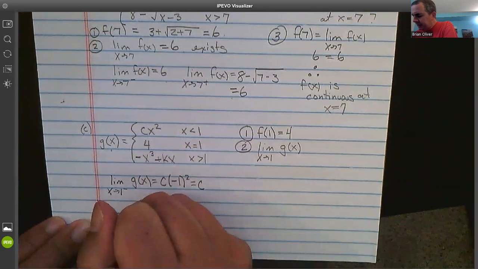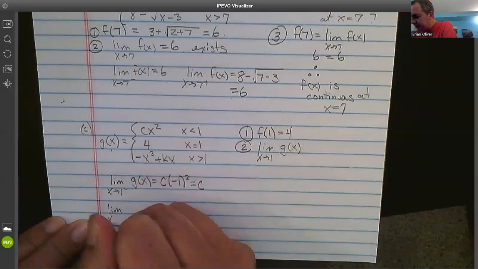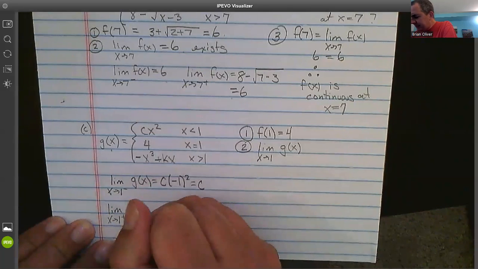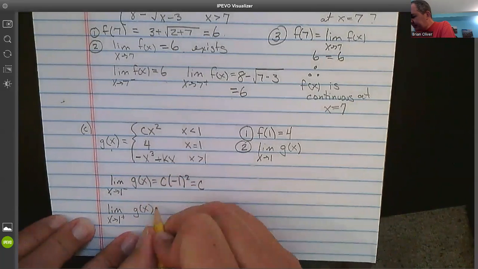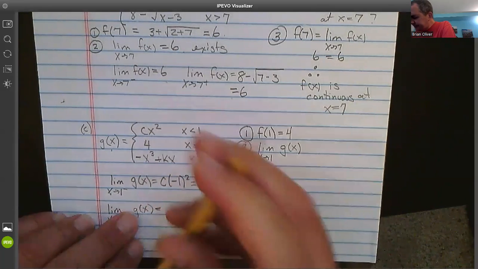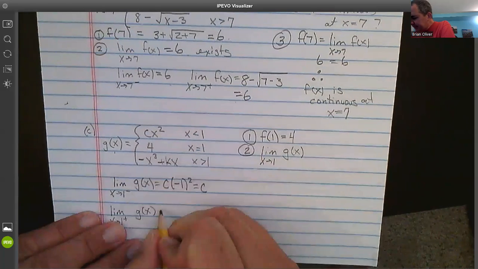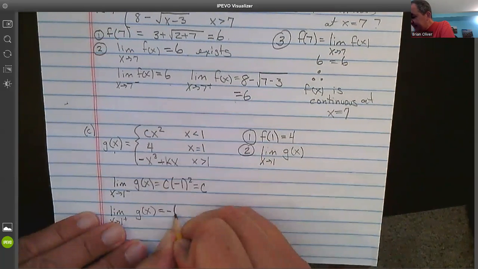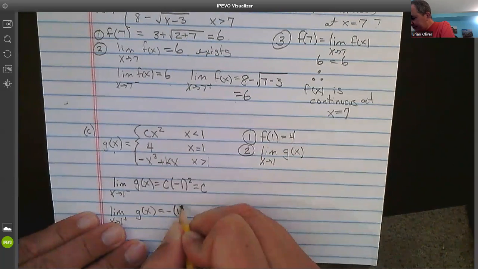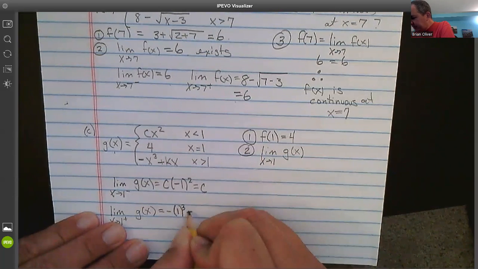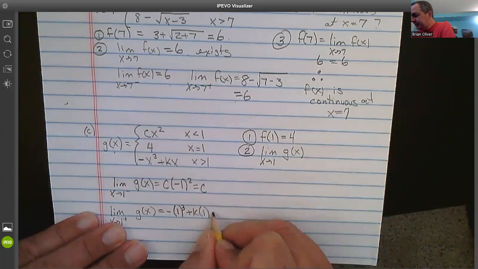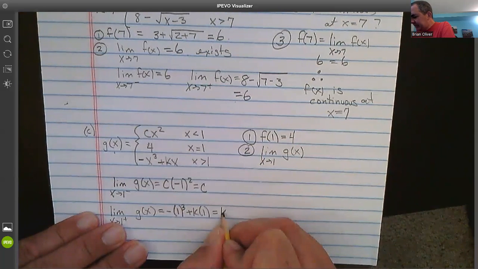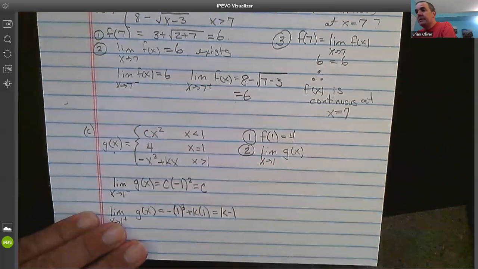And now I'm going to do the limit as x approaches 1 from the right of g of x. That's going to be this guy. So I'm going to again substitute in for that 1. And I'm going to say -1 cubed plus k times 1. So this is going to give me k minus 1.